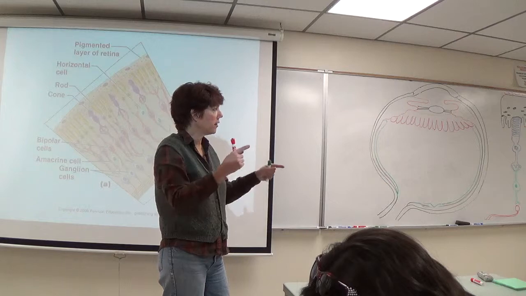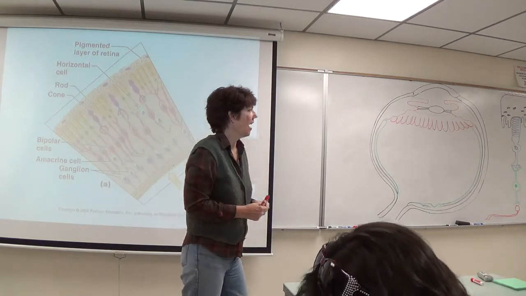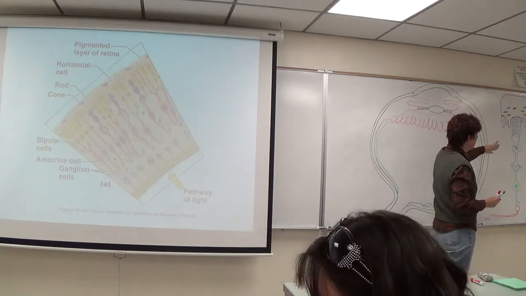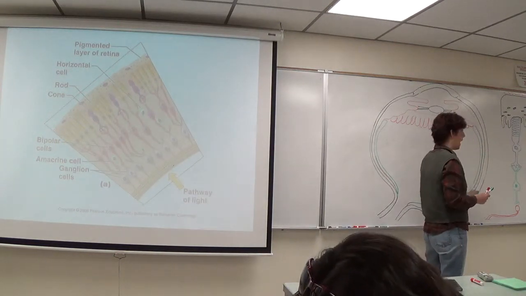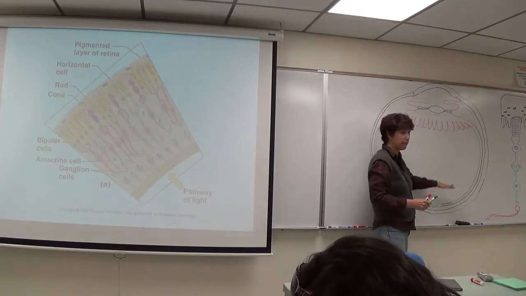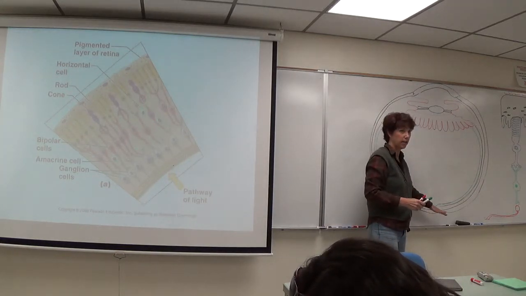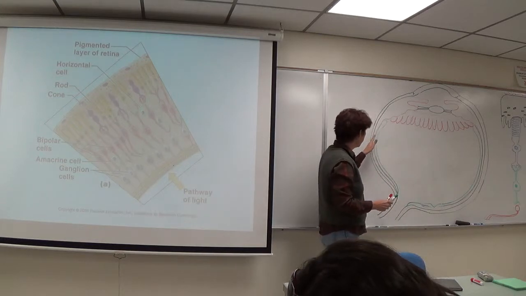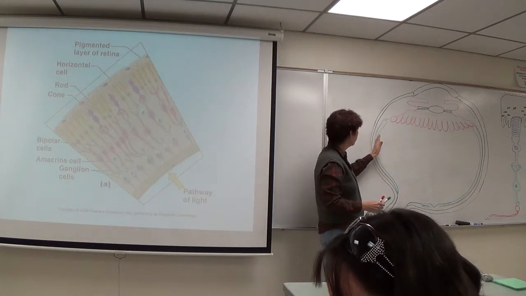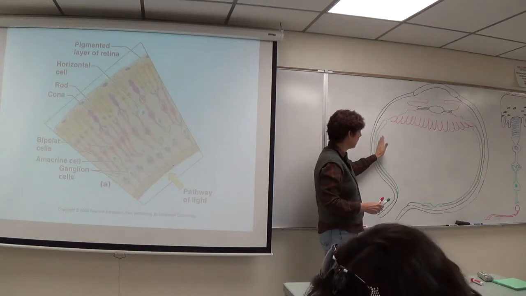Now I'm going to reverse that because in actuality the pigmented epithelia are on the outer part. So I'm going to redraw this where it would sit in our light pathway. So remember in our layering we had the sclera, the choroid, the pigmented epithelium, and the nerve cells.